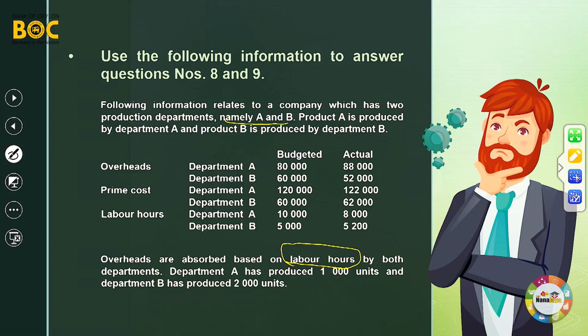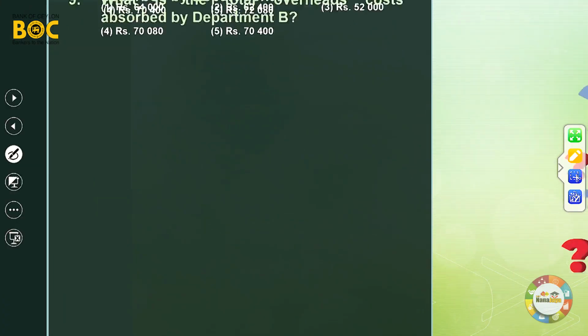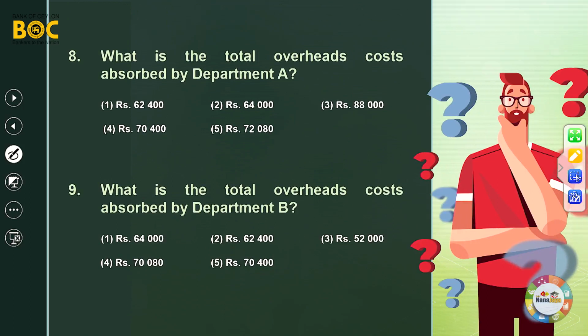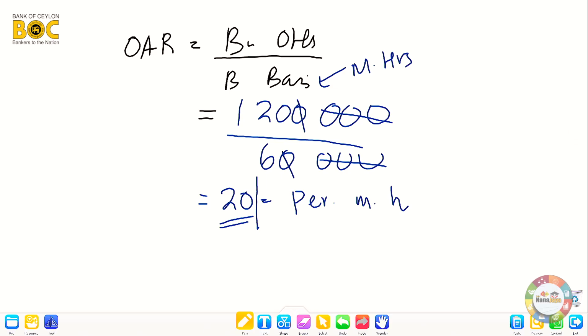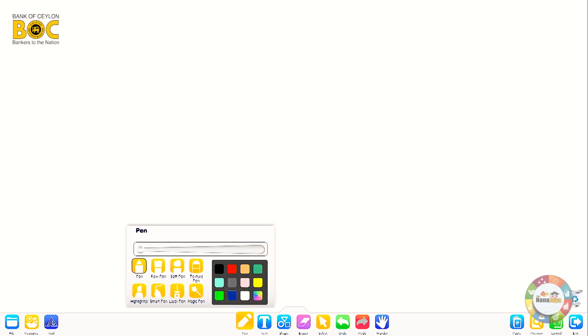Now the requirement. What's the total overhead cost absorbed by Department A? How do we calculate overhead absorbed? Overhead absorbed is equal to the overhead absorption rate into the actual basis.